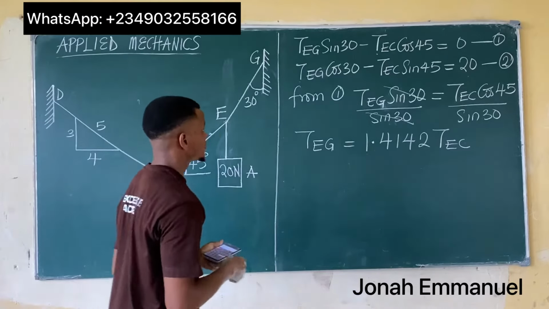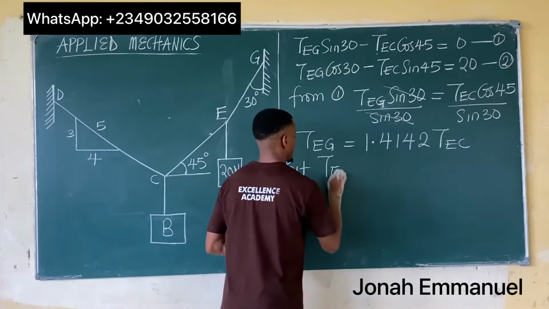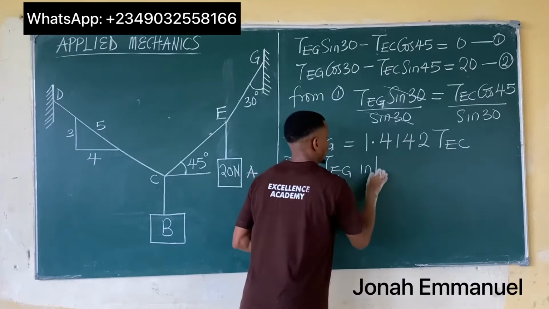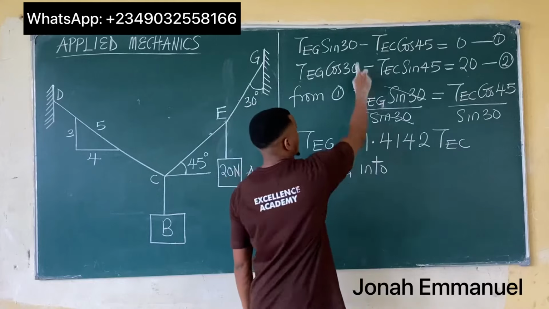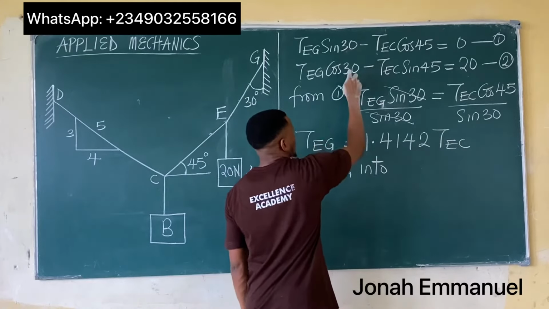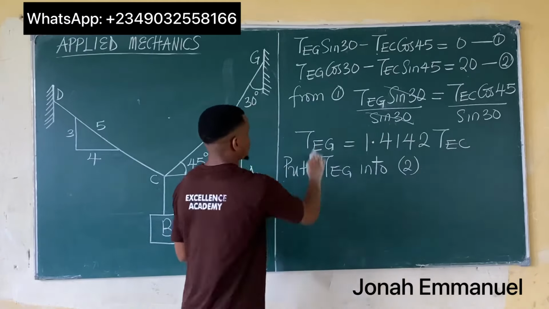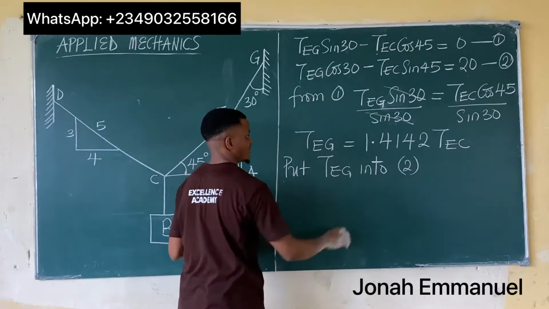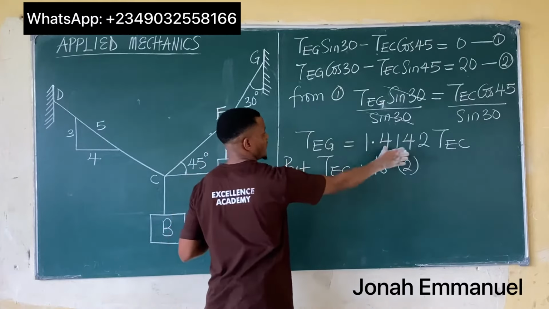Alright, so put this TEG value into, so we got this one from equation 1. So put that into equation 2. That means TEG we said is equal to 1.4142 TEC. So in place of TEG, I'll put this value instead.